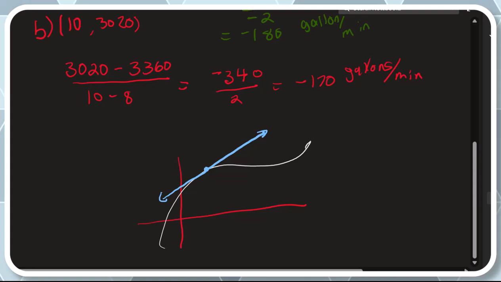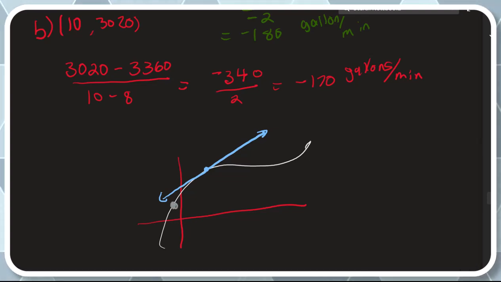So what they're doing here is taking a point on one side and finding the slope of this line, and a point on the other side and finding the slope of that line, and then averaging those two to see if the average would equal the slope of the tangent line.